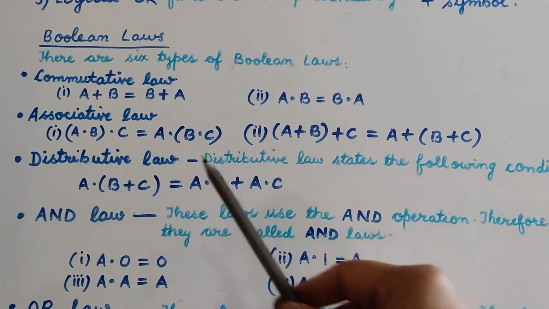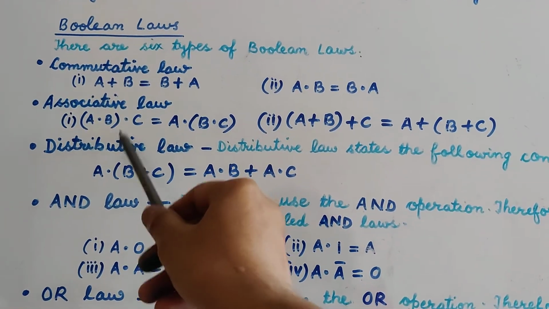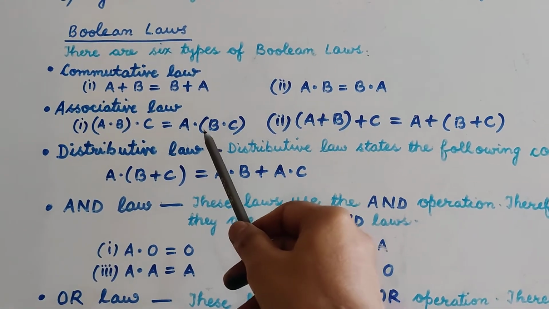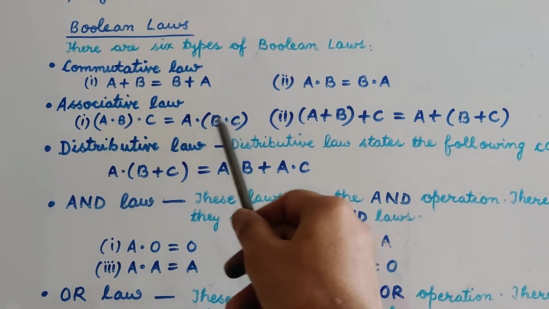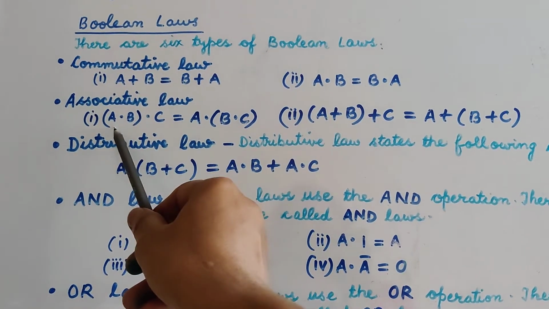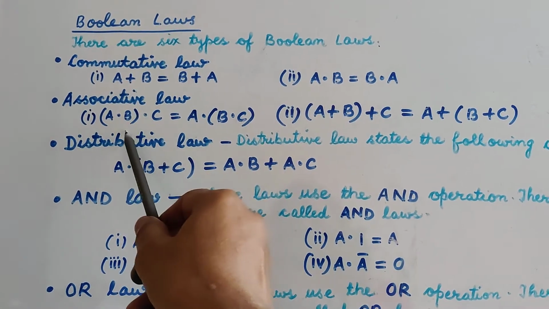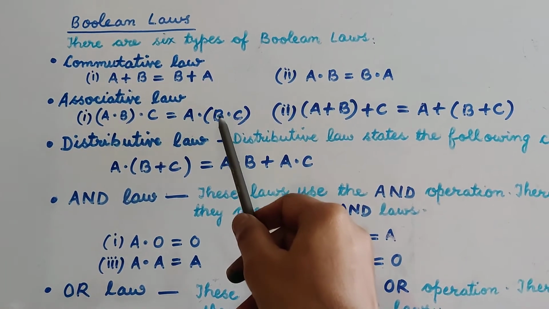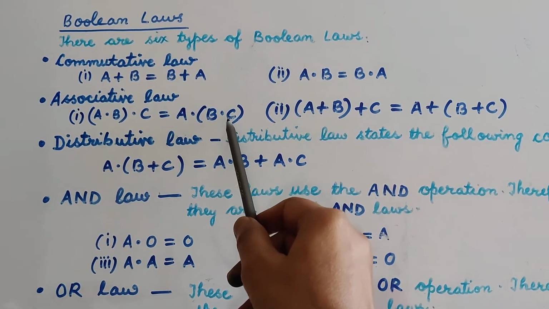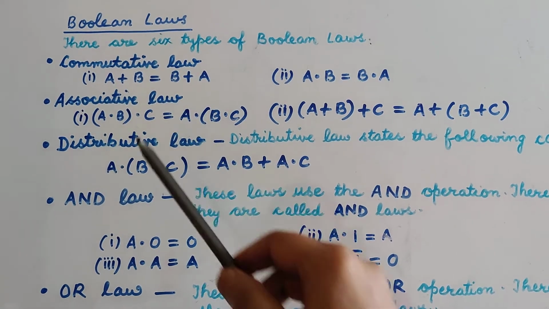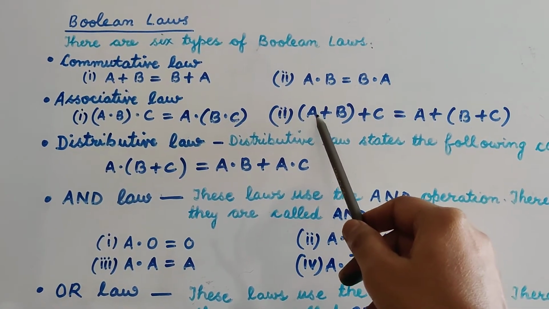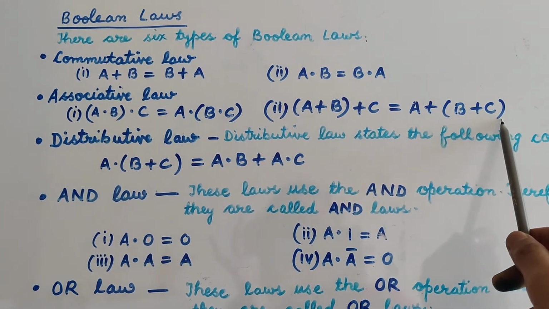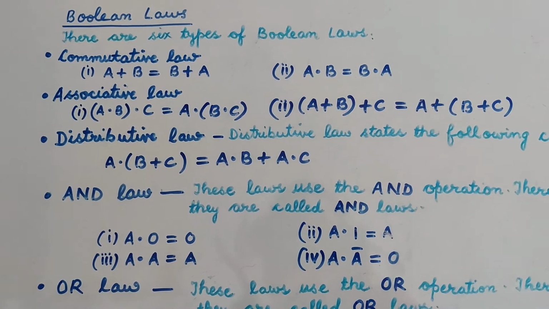That is, if we multiply a with b and then multiply it with c, then its value will be the same as when b is multiplied by c and then multiplied by a. Similarly, in case of addition, a plus b plus c will be the same as a plus b plus c grouped differently. This law is known as the associative law.